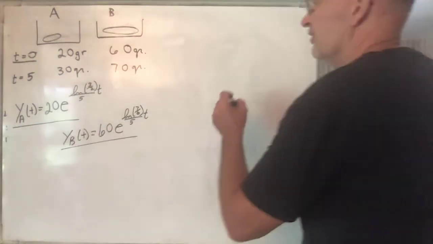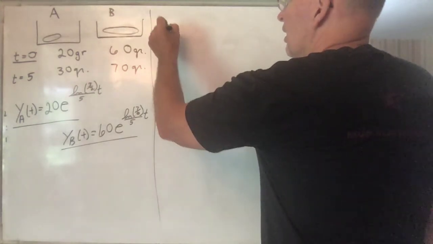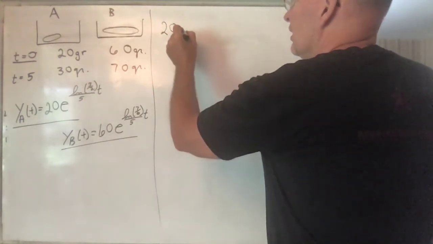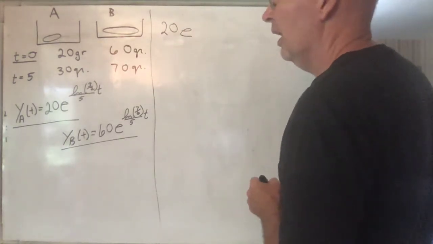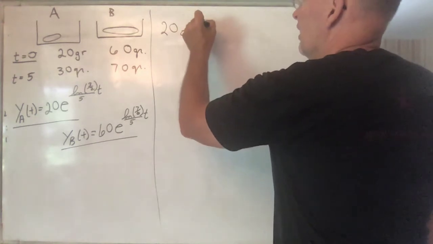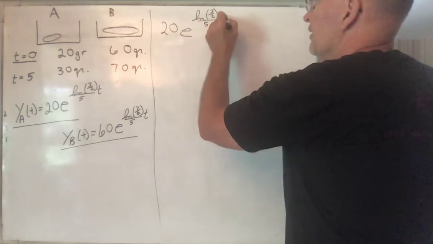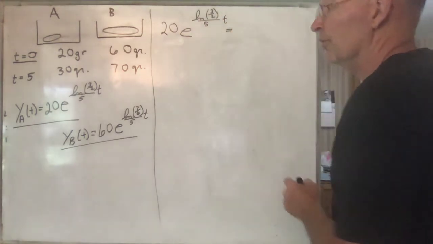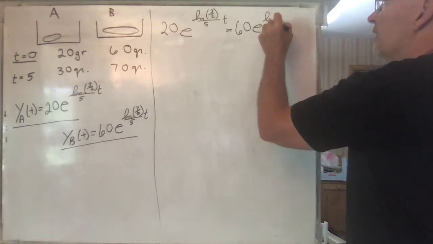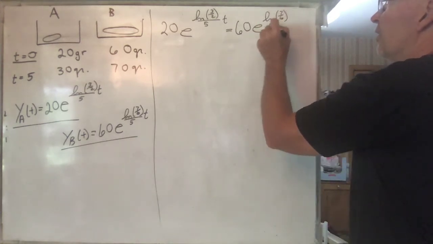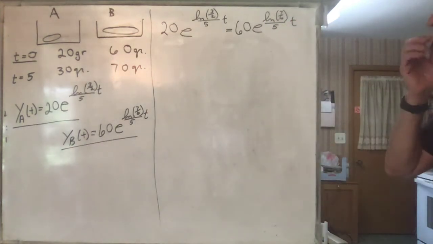So I basically just set them equal to each other. And let's see what happens. We're going to get 20 e to the ln of 3/2 over 5t is equal to 60 e to the ln of 7/6 over 5t, and I need to solve that for t.